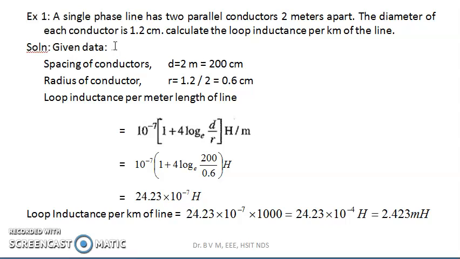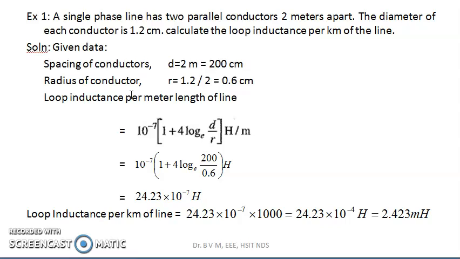Now the radius we have to calculate. He has given diameter, so the radius of the conductor R is equal to diameter by 2. The diameter of each conductor is 1.2 centimeter. Therefore 1.2 divided by 2, which is equal to 0.6 centimeter.